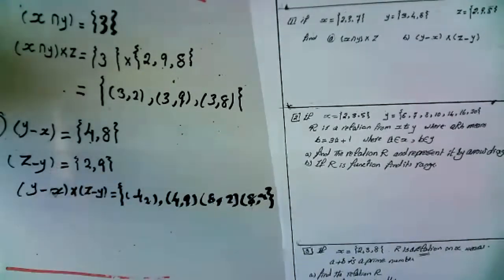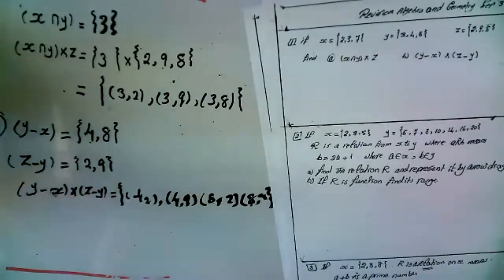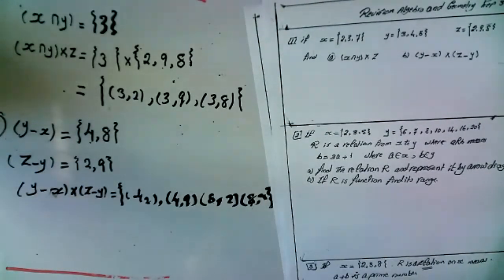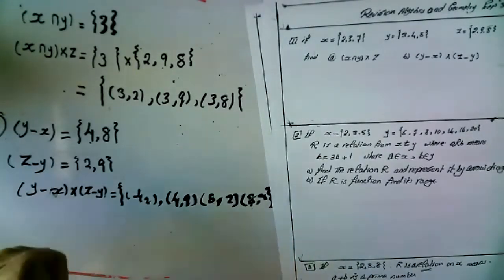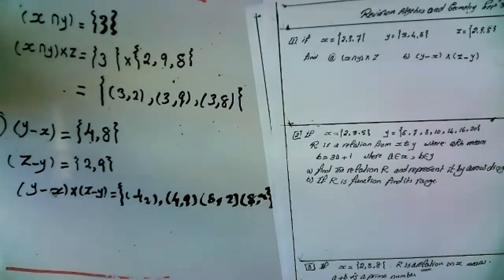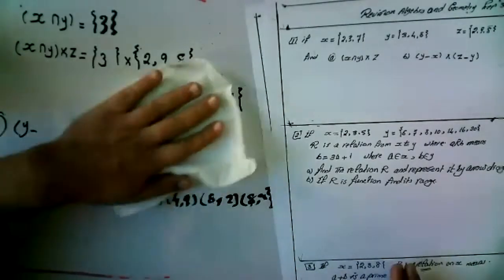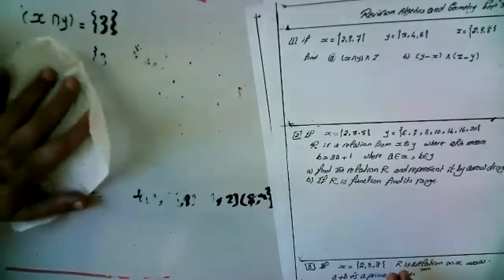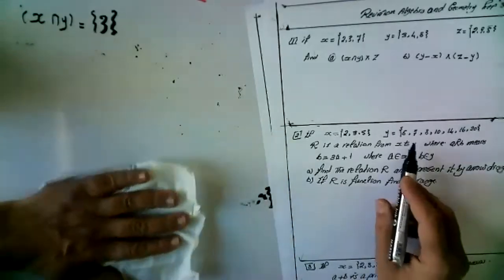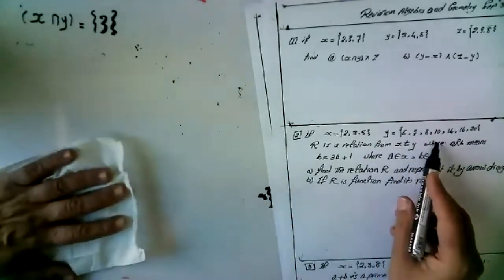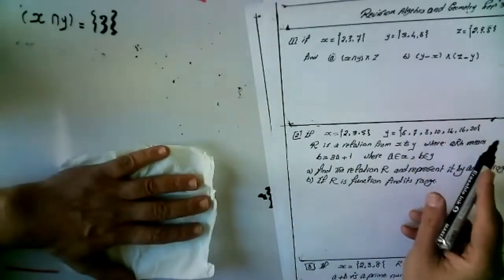The second question. The set x equals {2, 3, 5}. The set y equals {6, 7, 8, 10, 14, 16, 20}.